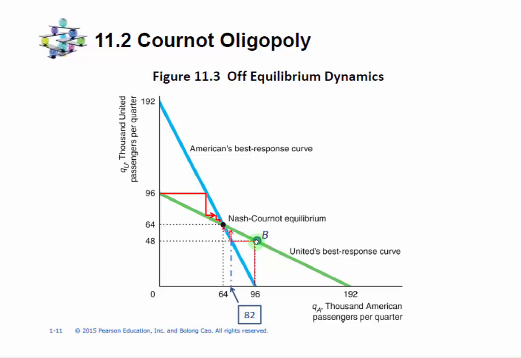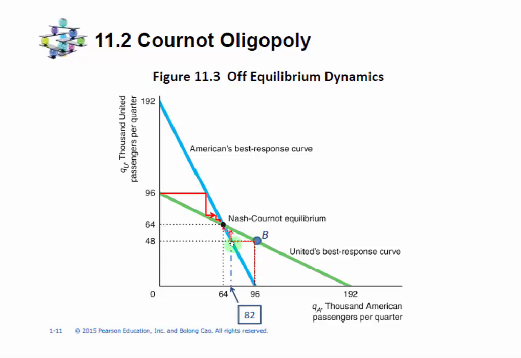And then American Airlines looks at the output level set by United, 48. American realizes, I should be able to improve my profit by setting a lower quantity. Now from 96 drop to 82, because this point B is not on American's best response curve.